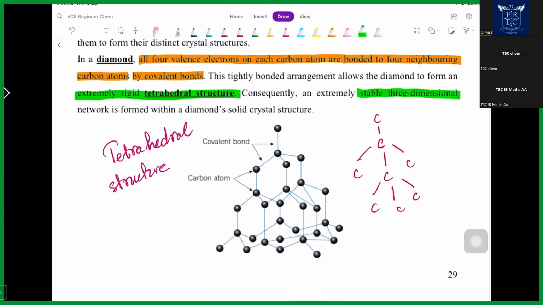That is called a simple structure. But here, each carbon atom is bonded with another carbon atom. If you look at one diamond, that one diamond is one giant molecule of carbon atoms all joined together. Does it make sense?